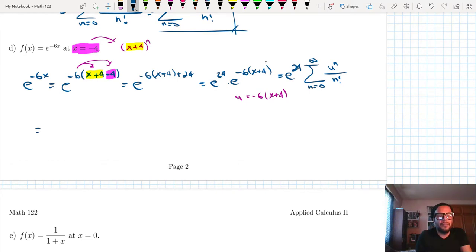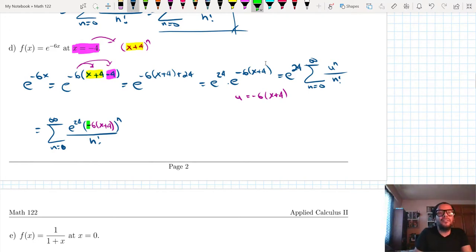So this will be sigma n equals 0 to infinity, not 1, I was going to say 1. So this is e to the 24 times the quantity negative 6 times x plus 4, and then divide that by n factorial. Let's do one at a time. Again, keep in mind this negative sign.